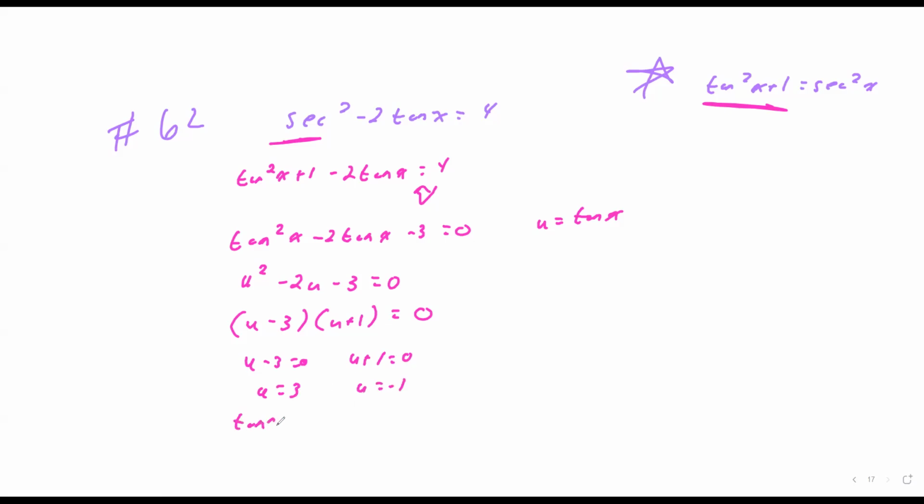So this is really tan x equals 3 and tan x equals -1. Let's see how they want us to handle that. All right, so in this situation, because it's looking for a degree, it says find exact answers or otherwise round to 1 decimal. So I need to figure out what is tan inverse of 3 and what is tan inverse of -1.